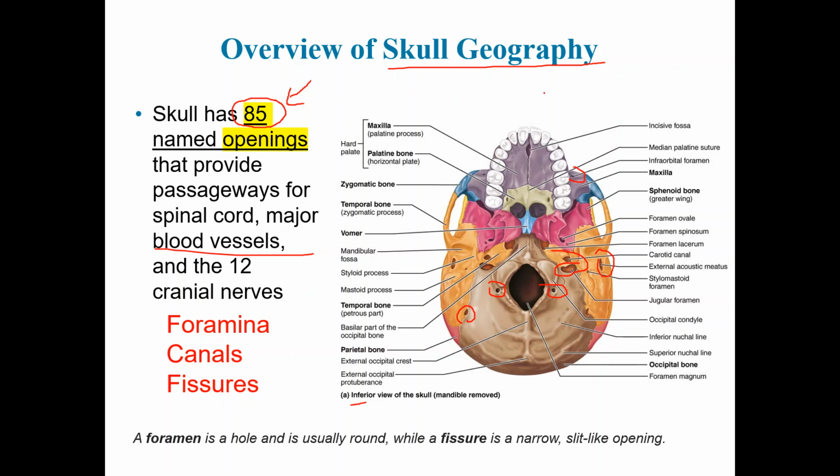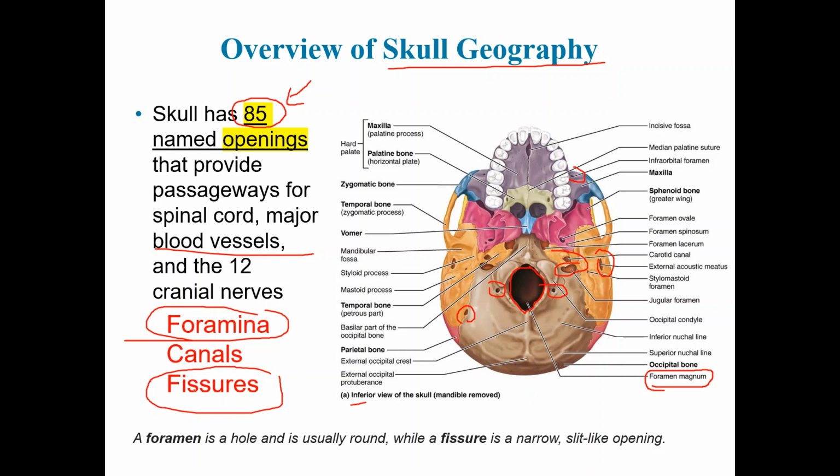Generally speaking, we name them in different ways. There are the foramina and the fissures, which are really openings. They're both openings, but the foramina are more typically round shaped, and the singular is foramen. For instance, the biggest one here that we can recognize is the foramen magnum, through which the brain stem passes.